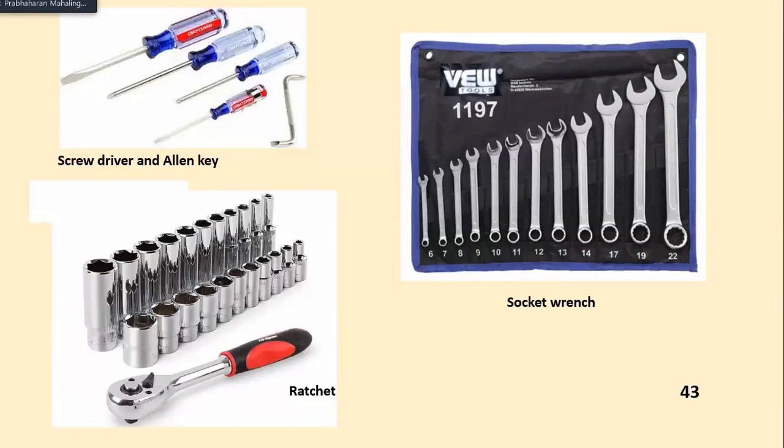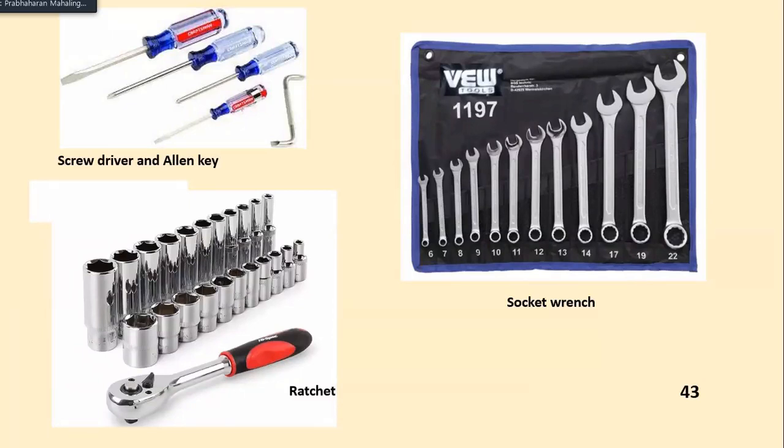Screwdriver and Allen key. Allen key is available here. Right, there are different types of Allen key. Anyway, minus, plus. Right, view these differently. 6, 7, 8, 9, 10, 11, 12, 13, 14, 17, 19, 22.